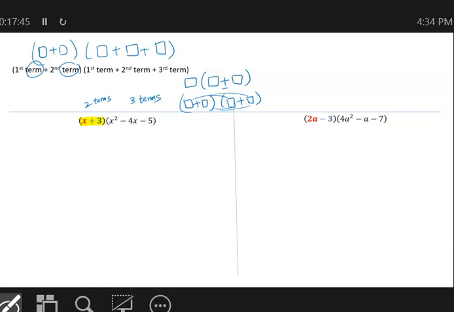And so the rule doesn't change. You will distribute everything in the first box to everything in the second box. So first we're going to distribute that red x. Just ignore the positive 3 there. We distribute the first item to everybody in the second box.